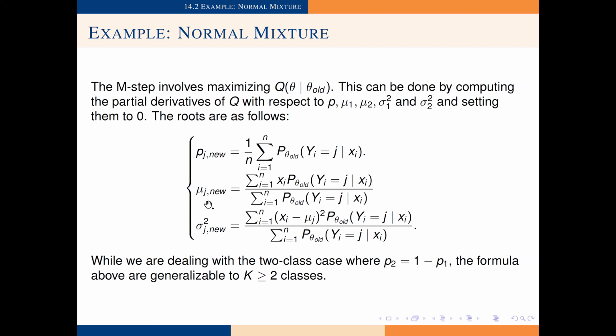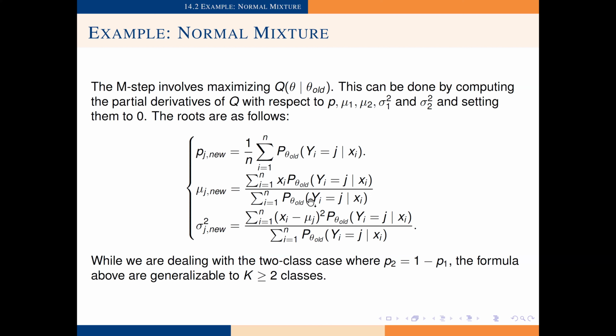For j of either 1 or 2, the new normal mean estimate is going to be given by this fraction over here, where the numerator is going to be the sum over all n samples, the observed xi, times that P theta old, that observation i stems from class j, given the xi and the old thetas.